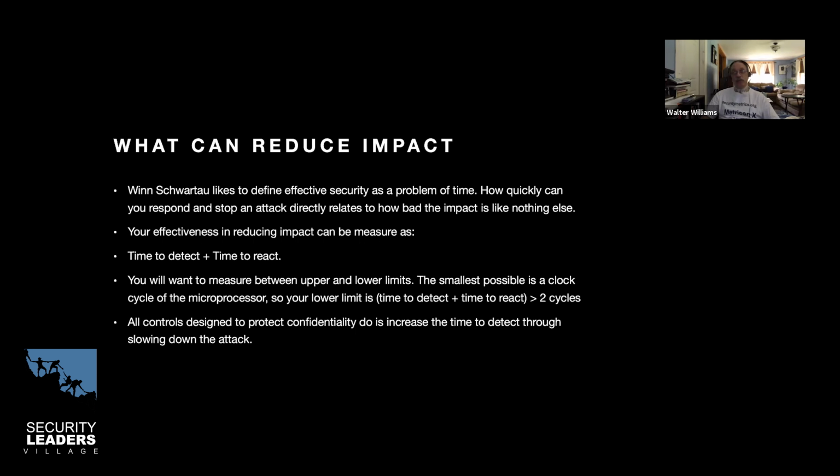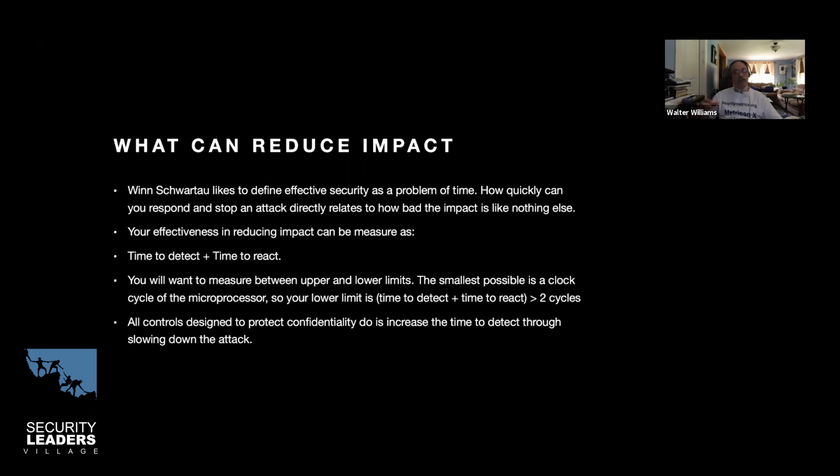Now, Windschwartz likes to define effective security as a time-bound problem. How quickly you respond and stop an attack directly relates to how bad the impact is. So you have a metric of time to detect plus time to react. Very, very simple metric, but you have to understand that you want to track this over time, and there are bounds to it. There's a lower bound and there's an upper bound.